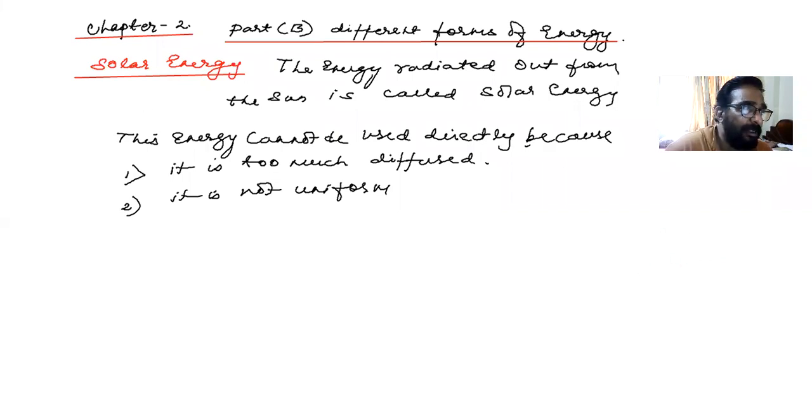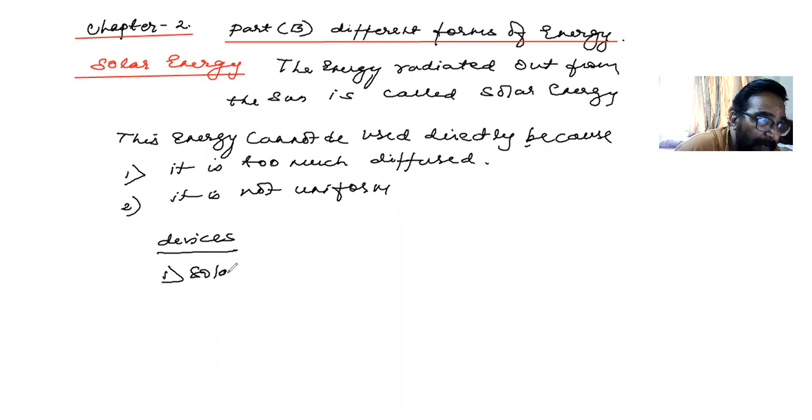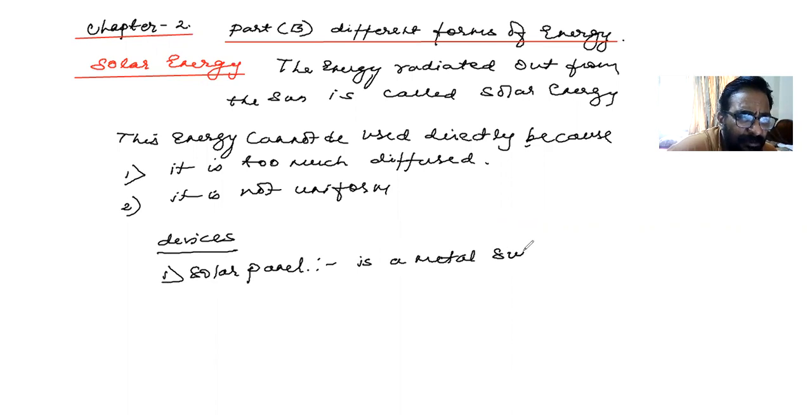Still, there are some devices people have designed which work on solar energy. One is a solar panel. Now, what is a solar panel? Please have a look here. A solar panel is a metal surface painted black.